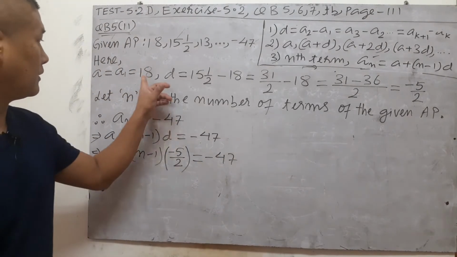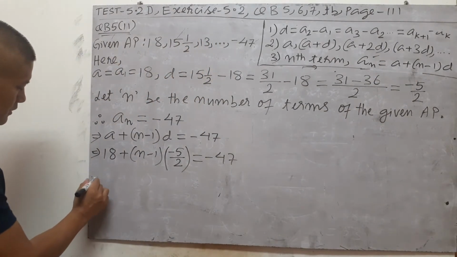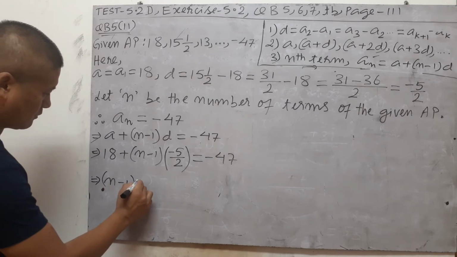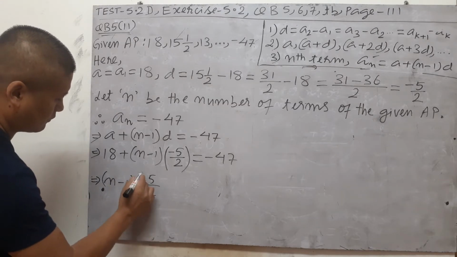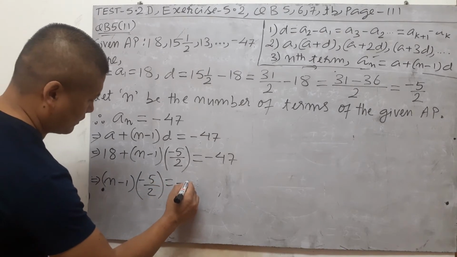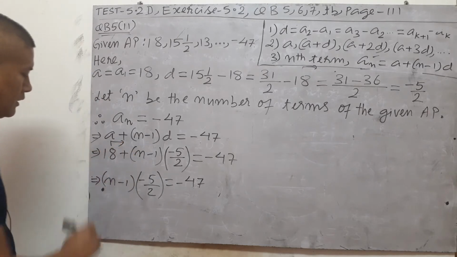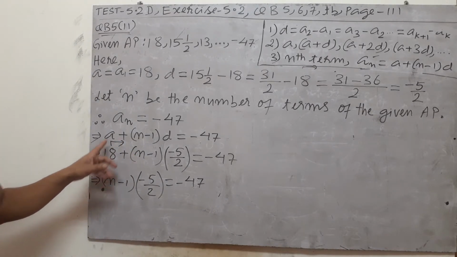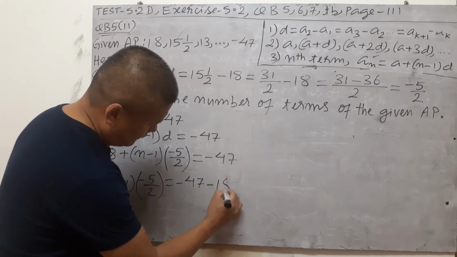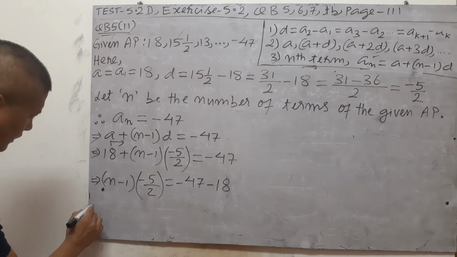So n minus 1 into minus 5 by 2 is equal to minus 47, and shift this plus 18 to the right side, it becomes minus 18.